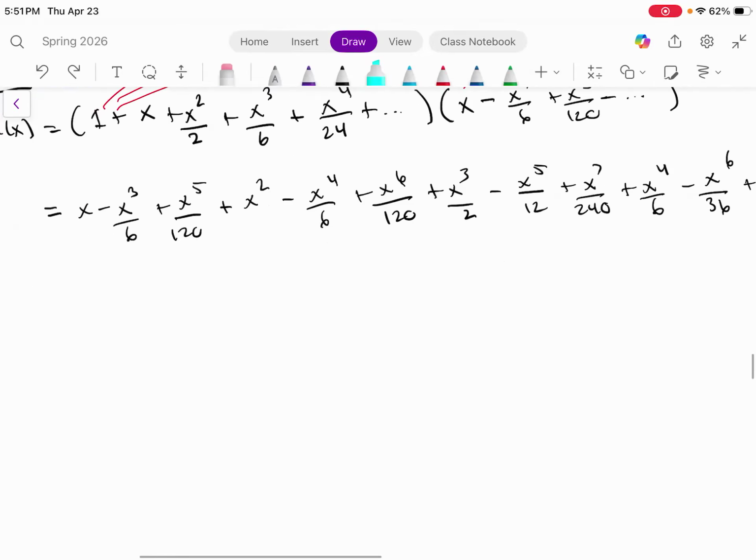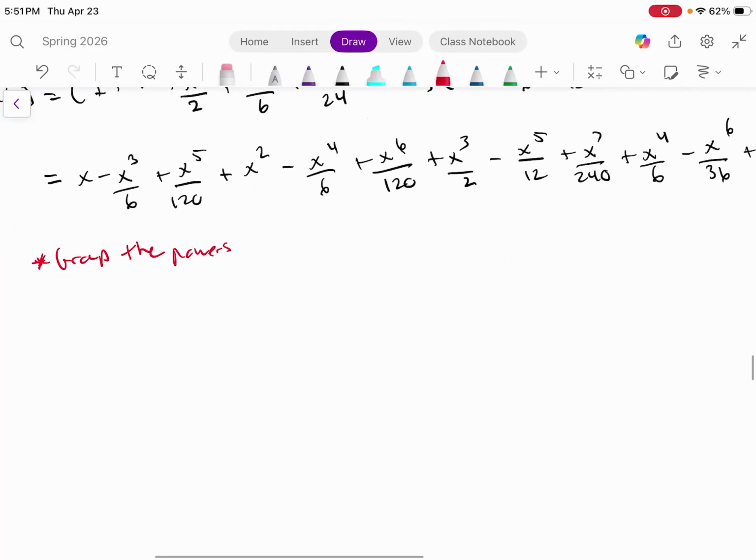To clean this up and get a general power series, one thing we want to do is group the powers: the x, the x squared, the x cubed, the x to the fourth, x to the fifth. There's only one x and only one x squared, so we don't have to group those with any other terms. But there are a couple of x cubed terms, one right here and one right here, so we group those together.